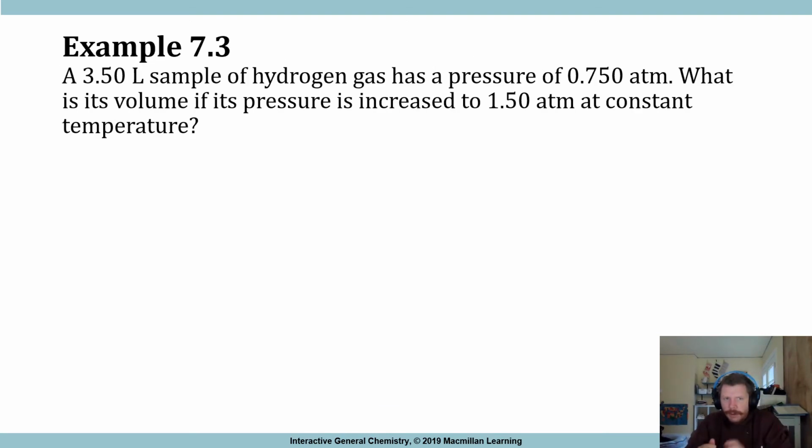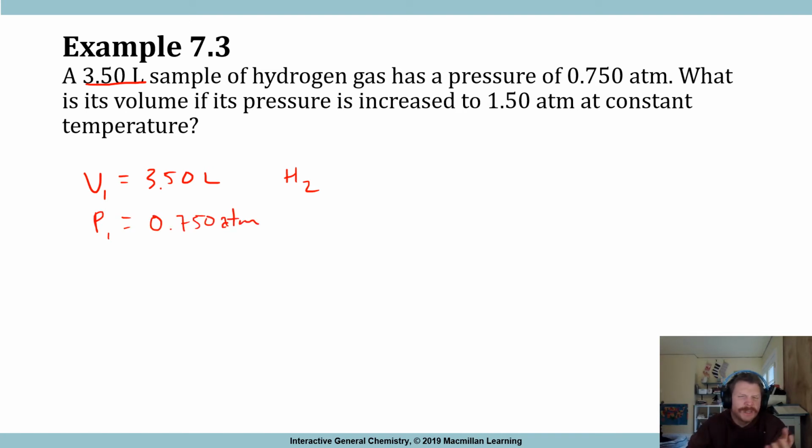A good practice question related to Boyle's law would be something like this. A 3.5 liter sample of hydrogen gas. Let's write volume 1: V1 equals 3.50 liters. This is our hydrogen, so I'm going to write H2. Has a pressure, P1, equal to 0.750 atmospheres.